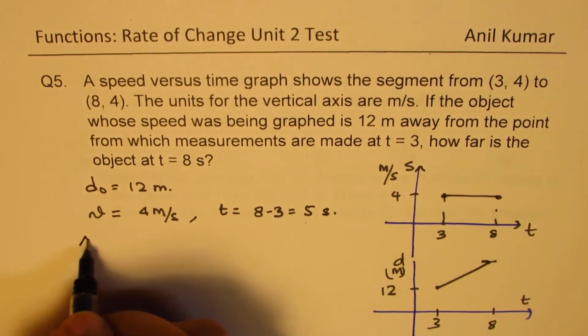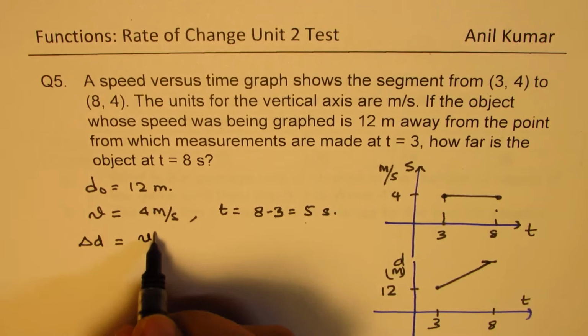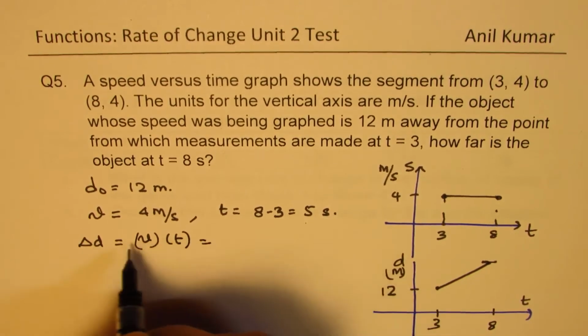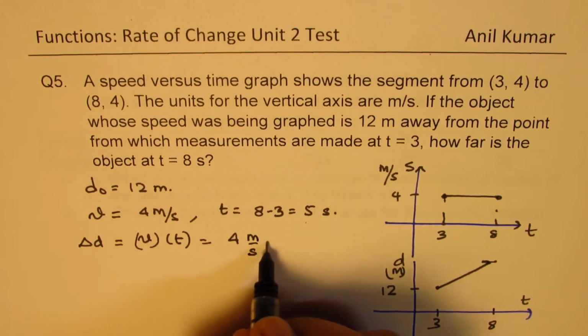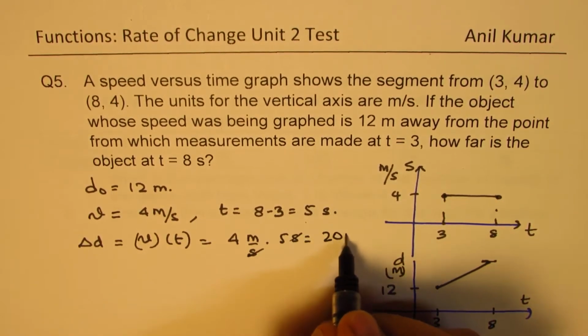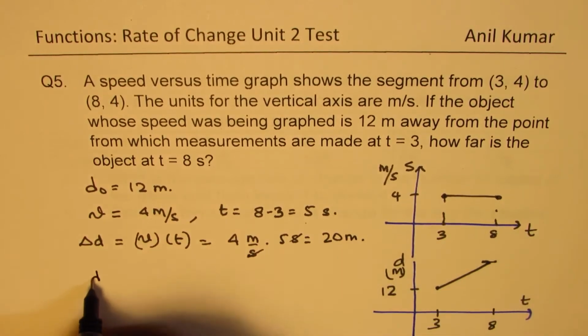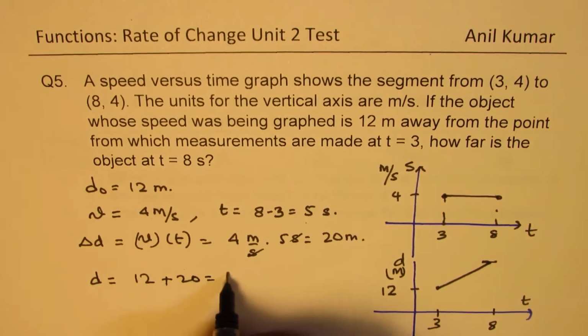So the change in distance will be speed times time, 4 meters per second times 5 seconds, which is 20 meters, right? So the final distance will be 12 plus 20, or 32 meters.